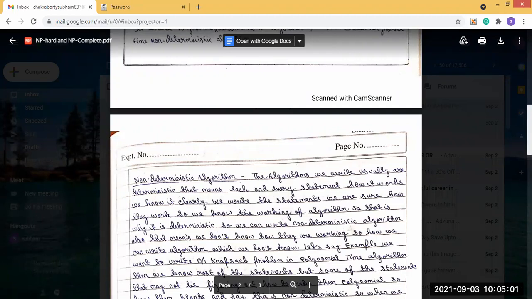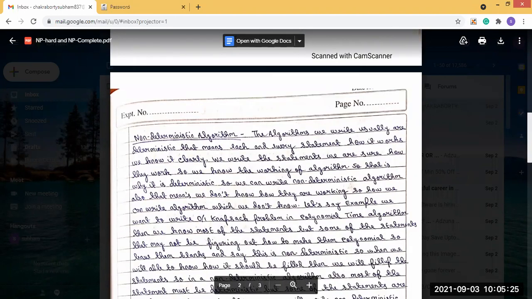Then we must know all of the statements, but there may be some statements where we have not figured out how to make them polynomial, because the algorithm for the 0-1 knapsack problem which is present already is written in exponential time.